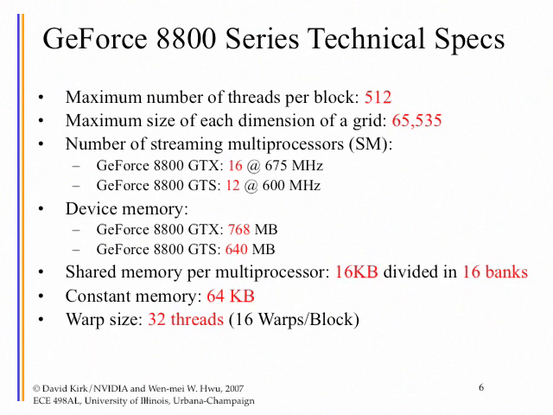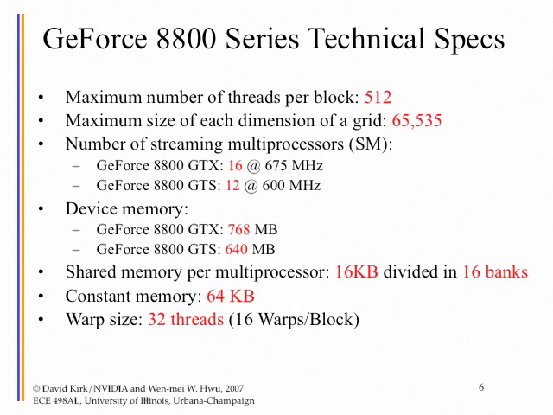So device memory, GTX is a little bigger, and then GTS is a little smaller. Shared memory per multiprocessor is 16 kilobytes divided into 16 banks. And this is likely going to be fixed or changed very, very slowly through the product generation. So remember, we have 16 of those multiprocessors, right?